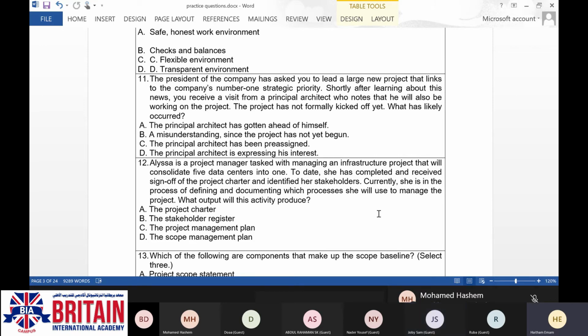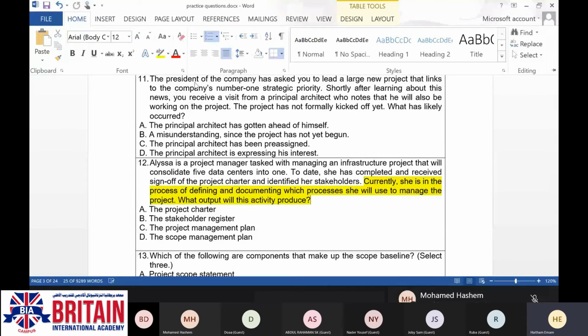Why we have selected the project management plan: here we are talking about she is in the process. Because of that, I asked you to start with the last two sentences in your question. Let me go back again and highlight it. Currently she is in the process of defining and documenting which processes she will use to manage the project overall.